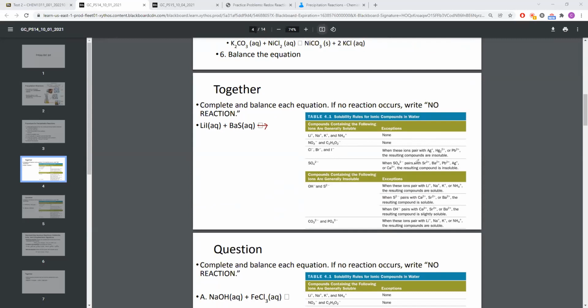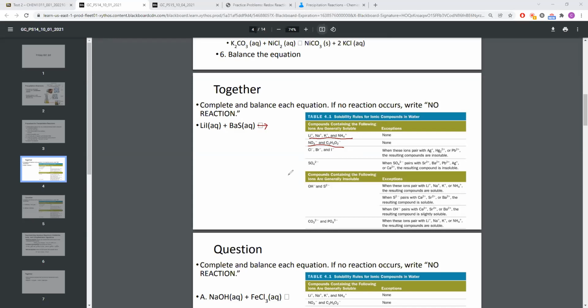Then SO4, except with a bunch of these. OH minus is like never soluble. S2 minus is never soluble, unless it's with these 6. So these 6: lithium, sodium, potassium, ammonium, nitrate, or acetate, if you see them in a compound, they're always soluble.